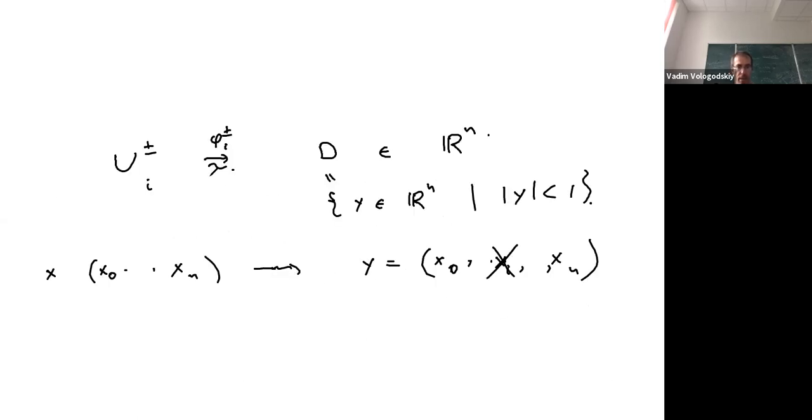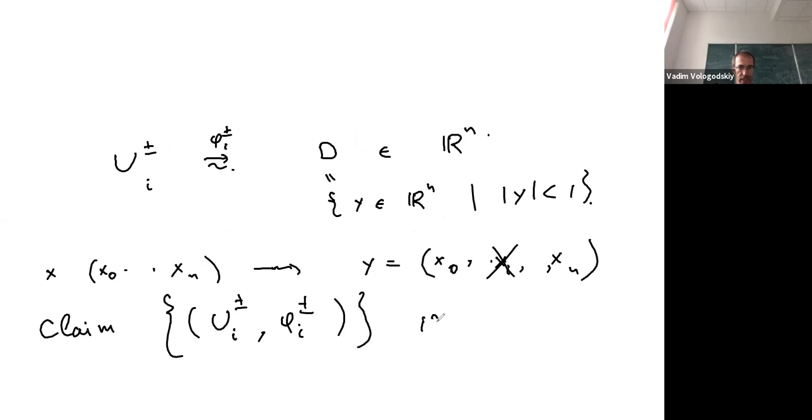And so an easy claim, an exercise, is that this collection Ui plus or minus, phi i plus or minus, is a smooth atlas. Okay, so it defines a smooth structure on a sphere.